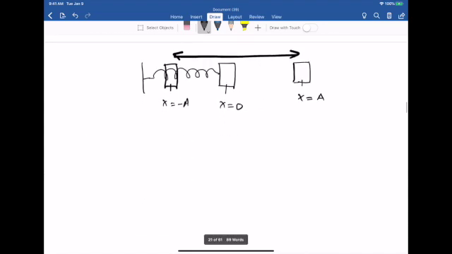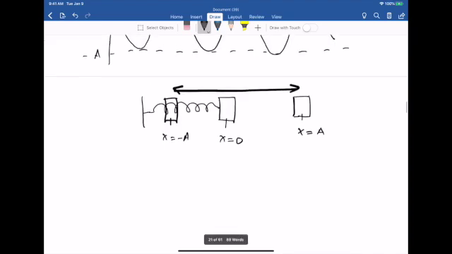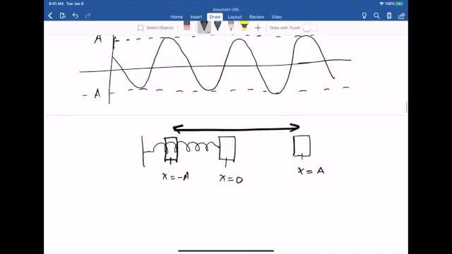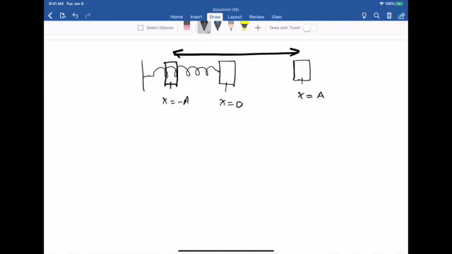Okay, now on slide 5, I define a few terms for you. So we already talked about the amplitude. That's the maximum magnitude of displacement on either side of the equilibrium position, which is x equals 0. The next term that we are going to define is the period of the oscillation. So what is period?